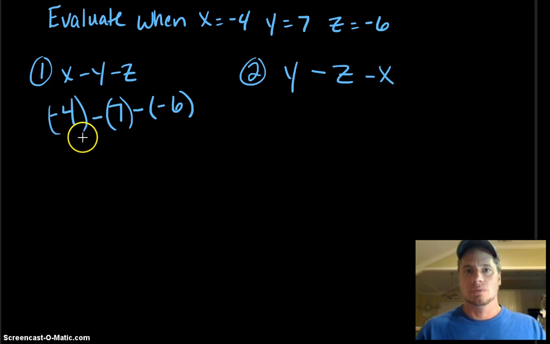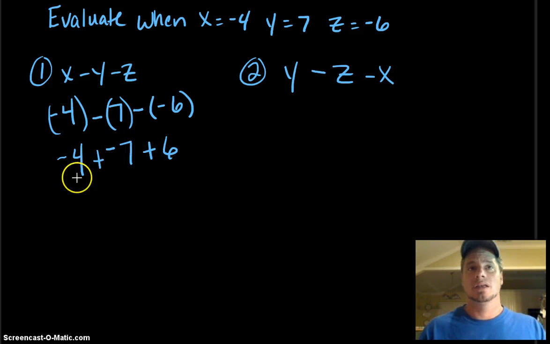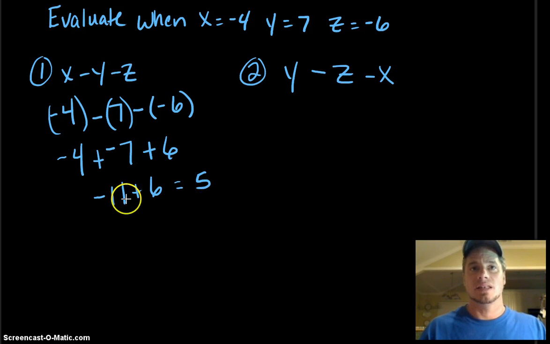Now we want to change the signs to addition, so it's going to be negative 4 plus, now instead of positive 7, it will be negative 7, plus, instead of negative 6, it's positive 6. Remember, we add the opposites when we do that. Let's do the first two, same sign sum. Negative 7 plus negative 4 is negative 11, plus 6. Now we have different signs, so we find the difference. It's going to be 5, and the bigger number is negative, so we get a negative 5 for an answer.